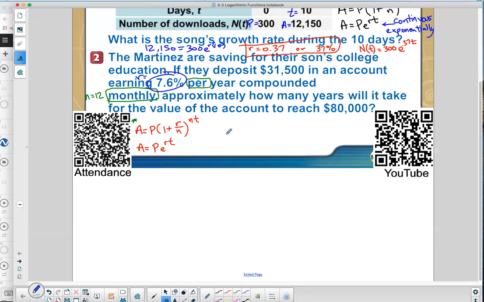So let me start. I'll do an order. What's our final amount? 80,000. Okay, so 80,000 is going to equal, what's the initial? That's the final amount right there. What was the initial amount? 31,500.